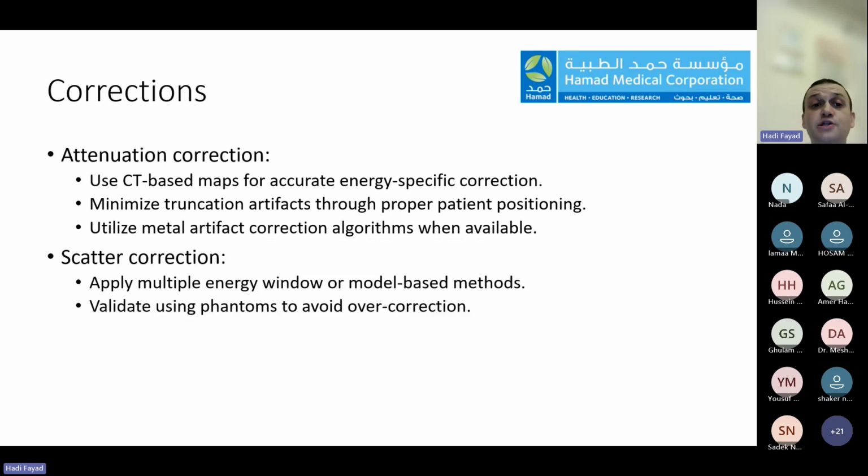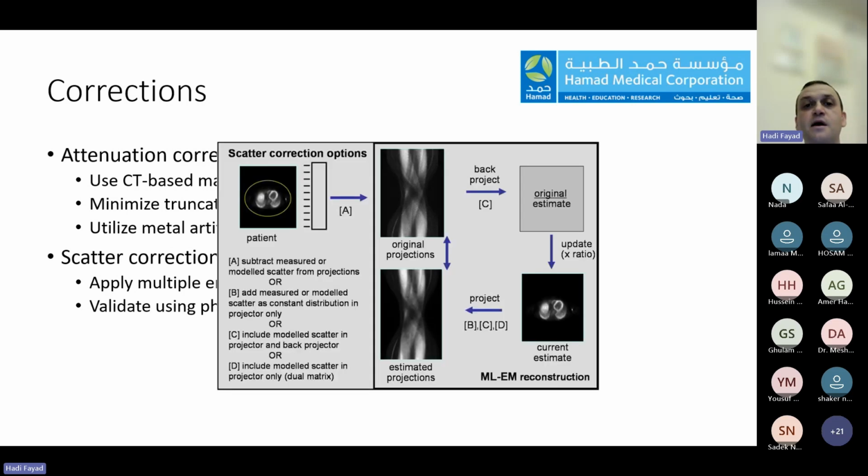Scatter correction, also by using some method that is available to you, like the multiple energy window or model-based method. Try to validate using a phantom to avoid overcorrection. I will not go deep into the scatter correction methods, but try to use and optimize the best correction method that you have available in your clinical console.